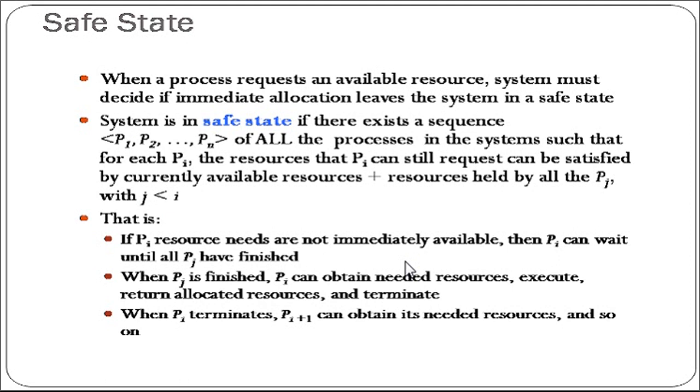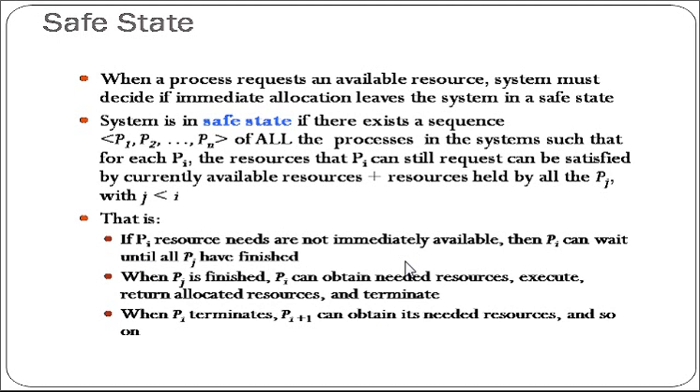The system is in a safe state if there exists a sequence of processes P1 to Pn of all processes in the system such that for each process Pi, the resources that Pi can still request can be satisfied by currently available resources as well as resources held by all the Pj's with j less than i.